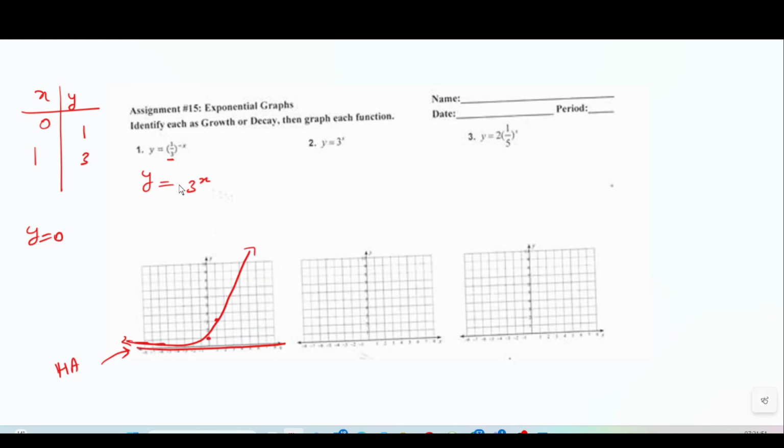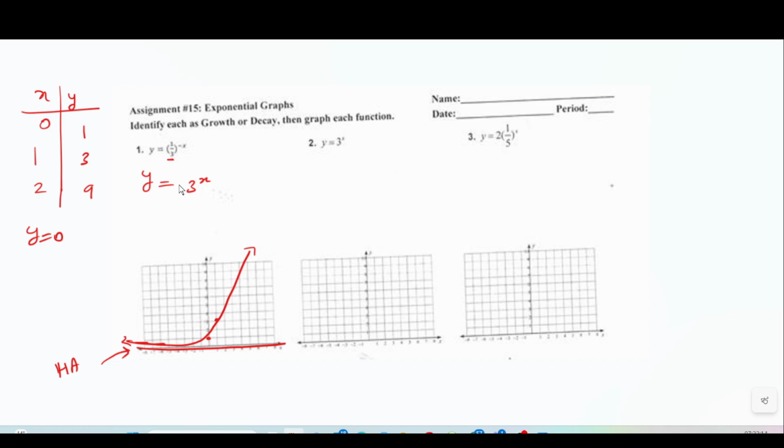Okay, so I think I need at least 3 points though, if it's graphable. So let's say when x is 2, or you can take any negative number if you want. If x is 2, y is going to be 9. So x is 2, y is 9.